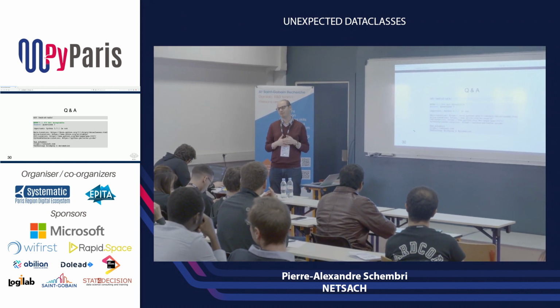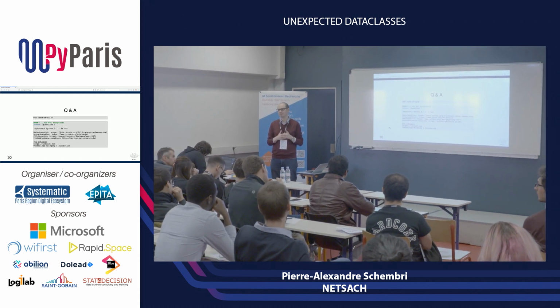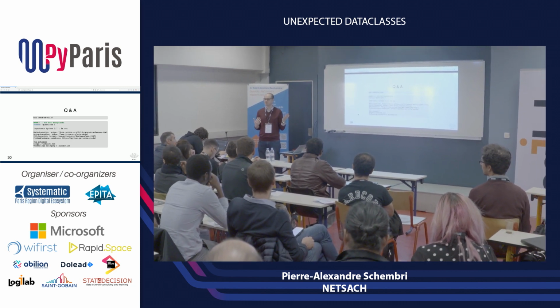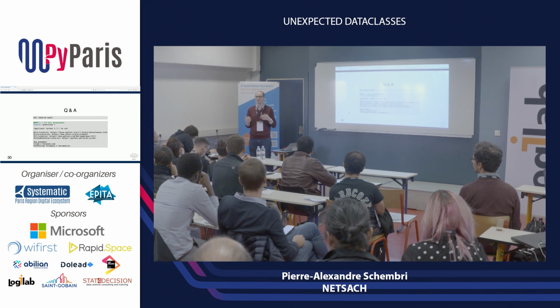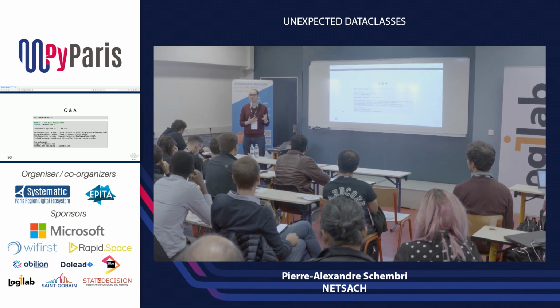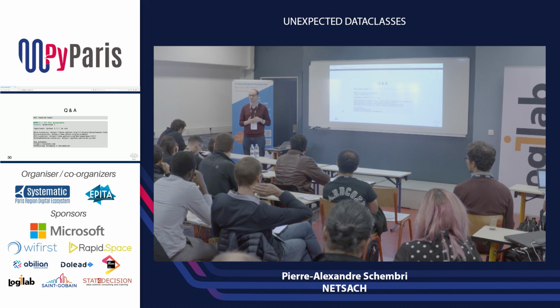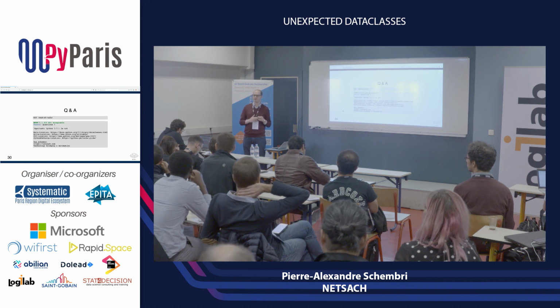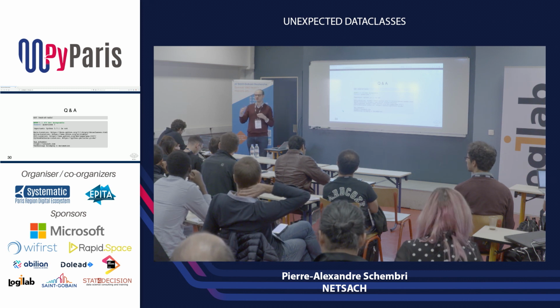Do you think that data classes are going to make attrs obsolete? It's like asyncio and Twisted. Once it is in the standard library, it will maybe reach a larger adoption. Because data classes don't offer everything that attrs does now. I don't know, because I did not dig into attrs in depth.